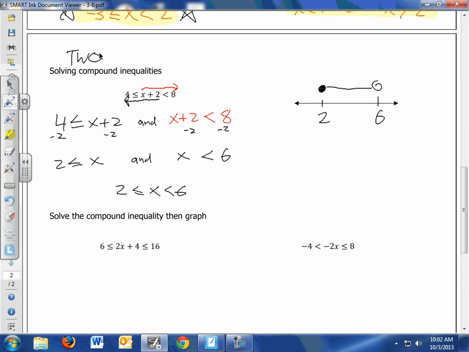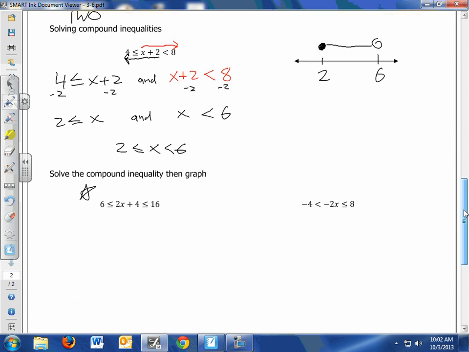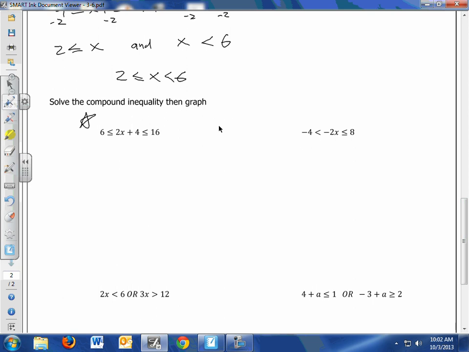Cool? Okay, you guys do this one then, and I want you to graph it on a number line that you draw somewhere.